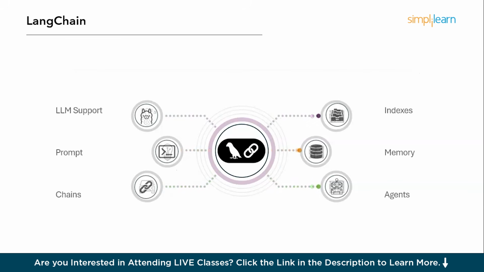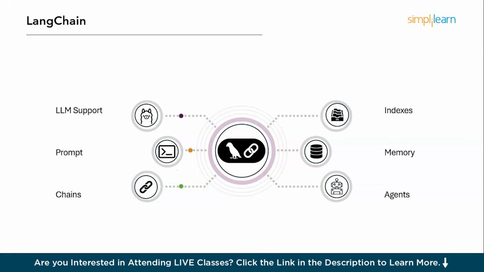Now, let's discuss some of the key features of LangChain. Firstly, LLM support. It works with both closed source models like GPT-4 and open source models like Llama 3 with simple API integrations. Second, prompt templates. It allows dynamic prompt customization instead of hard coding queries. Third one is chains. It helps connect multiple tasks like querying an LLM, retrieving data, and processing responses in a seamless workflow.